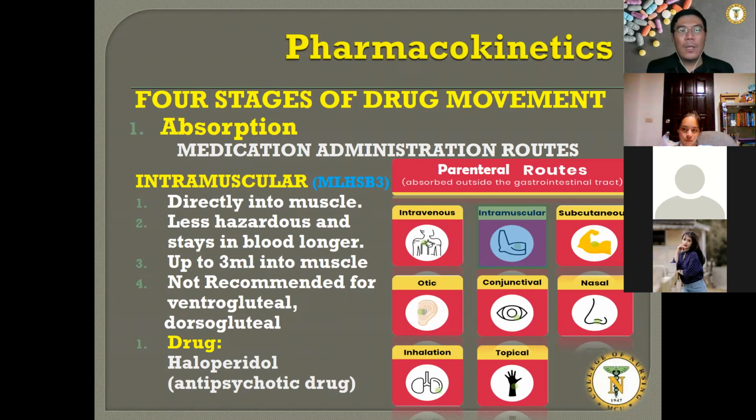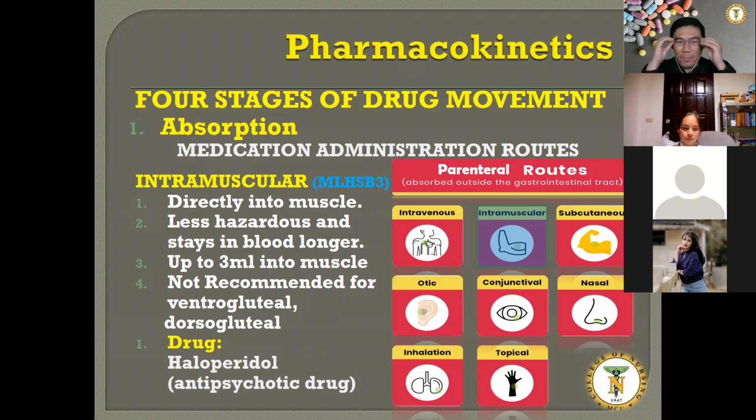What does it mean? You will just remember that M is for muscle, LH less hazardous, SB means stays in the blood longer. So it stays in the blood, and 3, up to 3 ml.